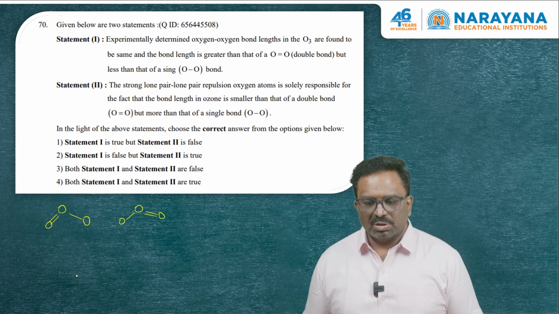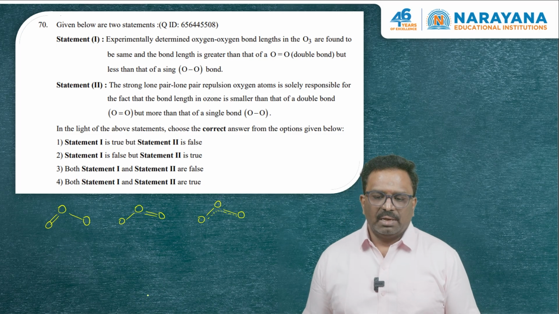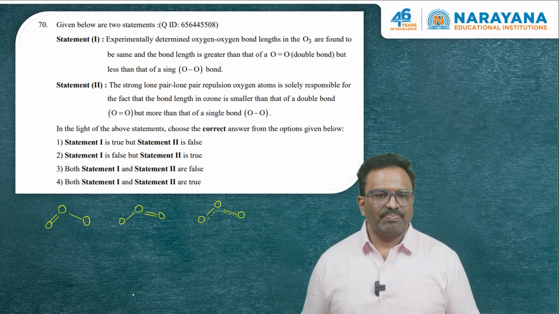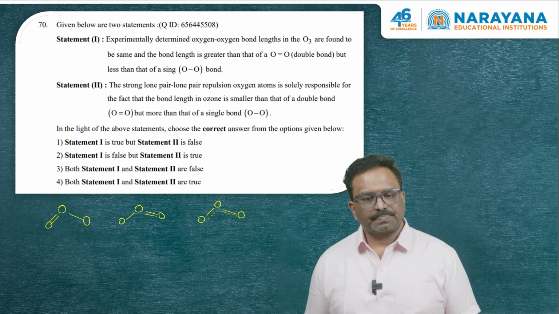Because of that, both the bond lengths are the resonance hybrid, both have single bond and double bond character, and the bond length is intermediate between single and double bond length. So the statement 1 they had mentioned is correct.